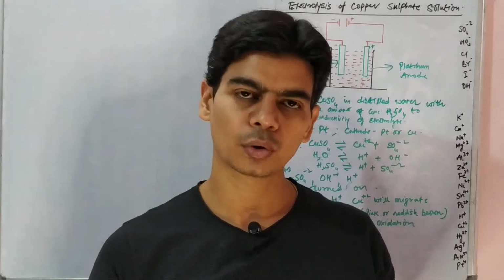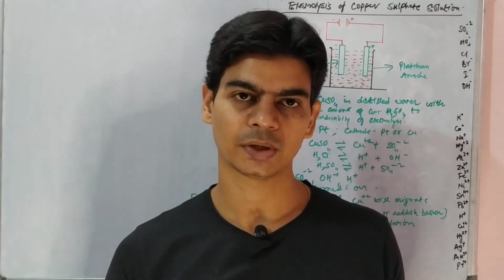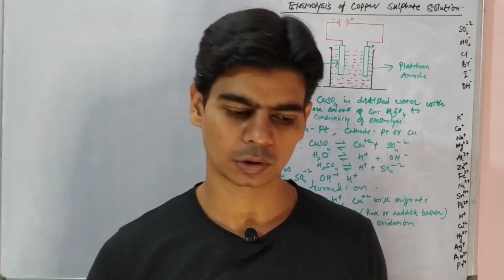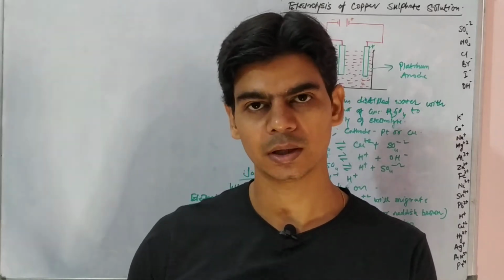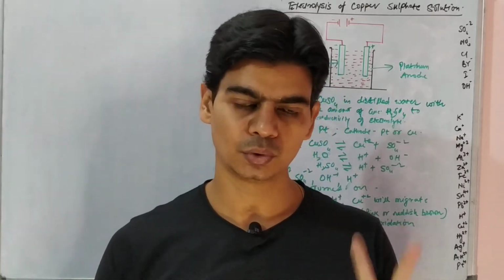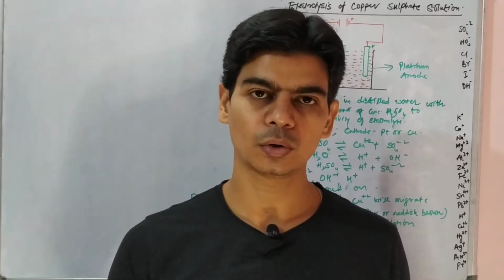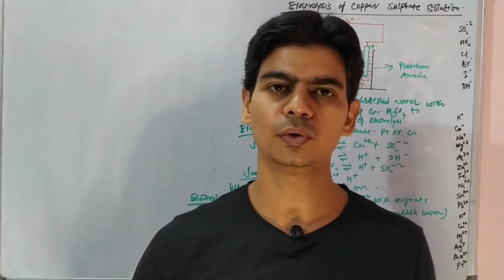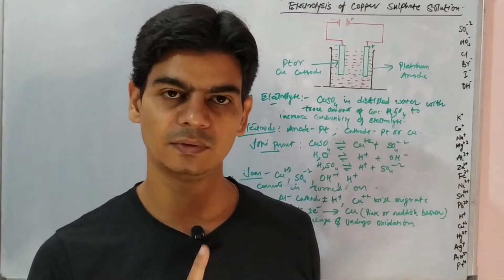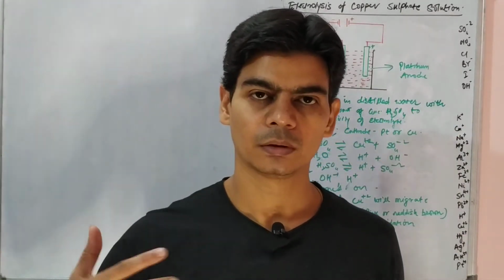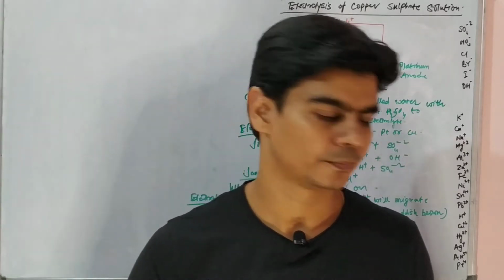Similarly, one more OH radical will form, like we have done in the electrolysis of water. Two OH radicals will react to give one molecule of water and one oxygen atom. Similarly, two more OH radicals will react to give one more oxygen atom. So in total, four OH radicals will react to give one molecule of oxygen.